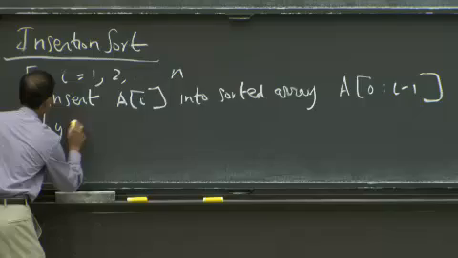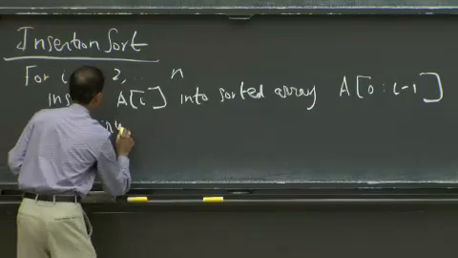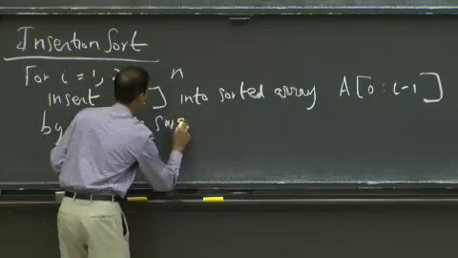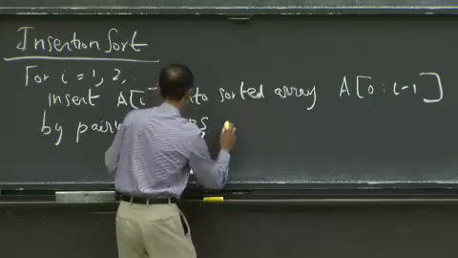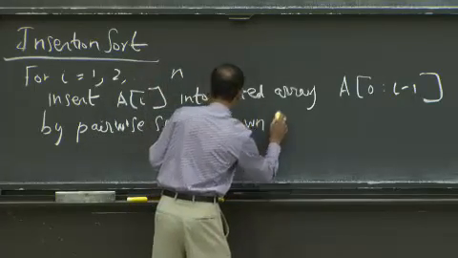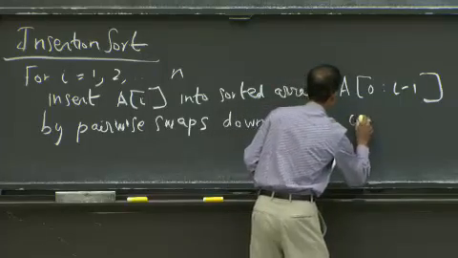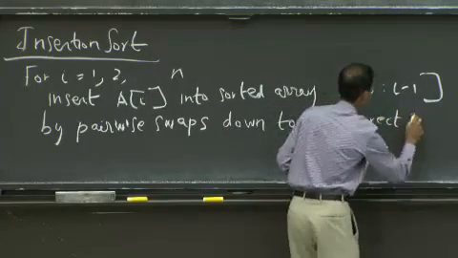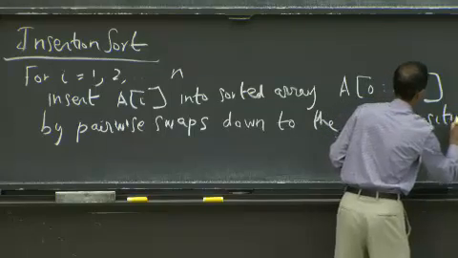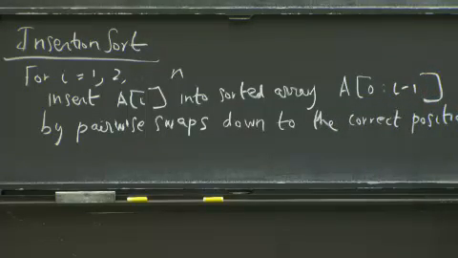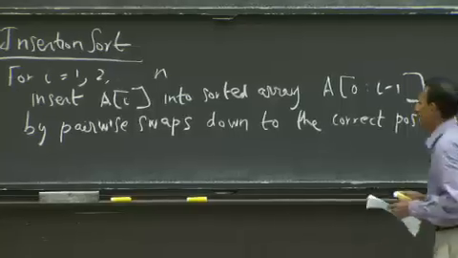And we're going to do this by pairwise swaps down to the correct position for the number that is initially in A of i.